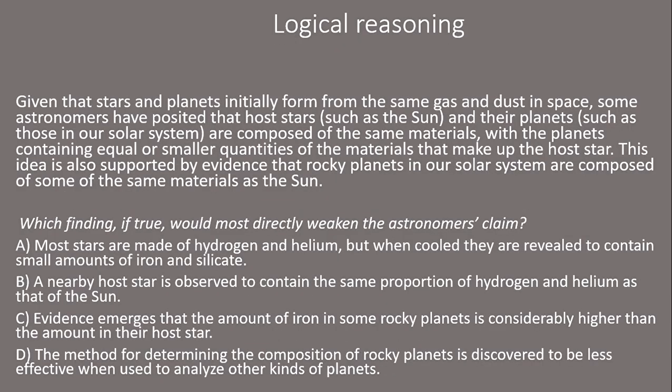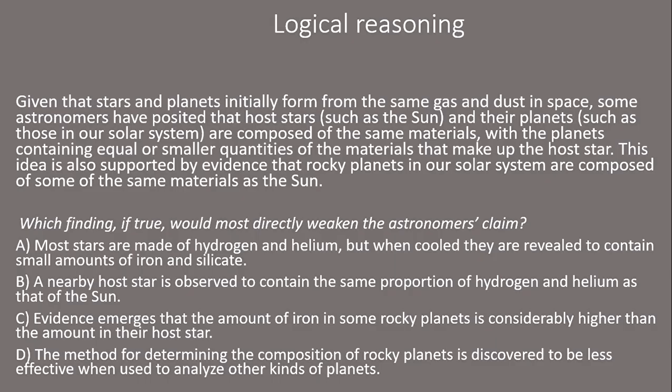Okay, here is another example. This one says, which finding, if true, would most directly weaken the astronomer's claim? So here, the question is asking you to weaken an argument or to weaken a conclusion.